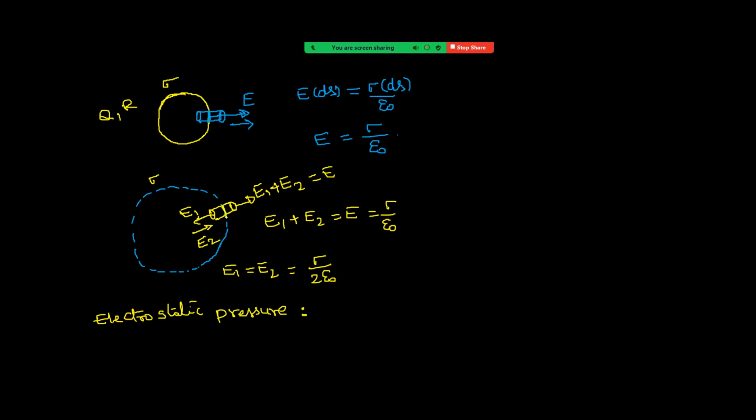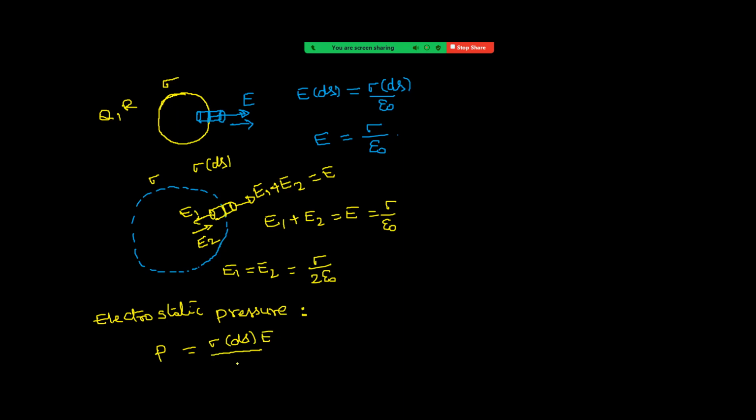This is a small part of the area on the conductor. On this one, how much charge is there? Sigma into ds, right? On that small part, the charge equals sigma into ds. Then the force on it will be sigma into ds, that is the charge, into E.